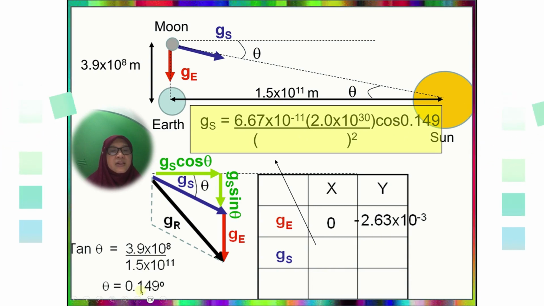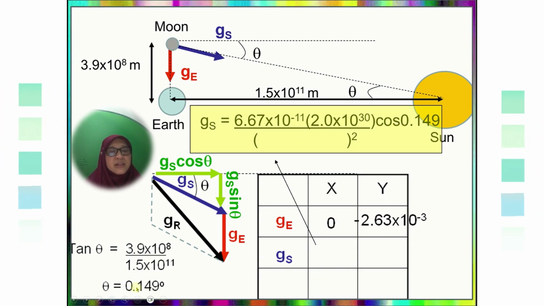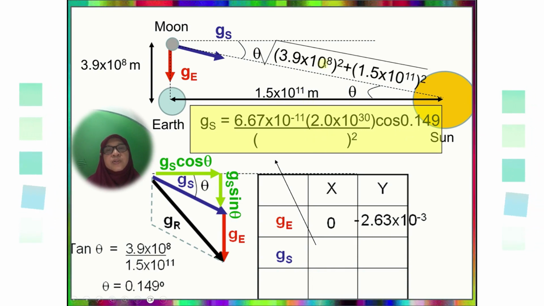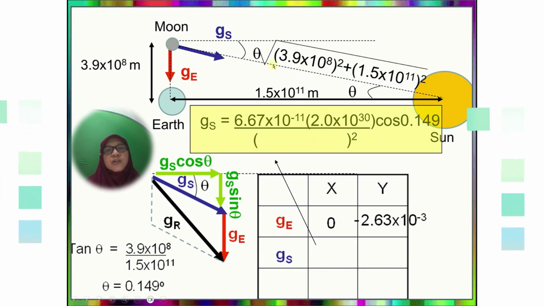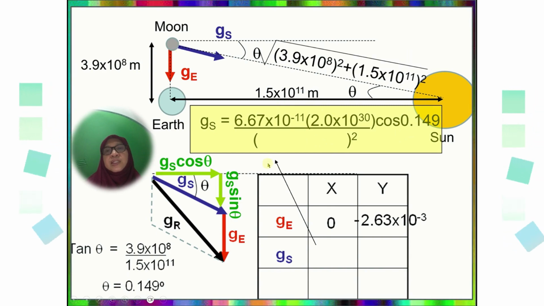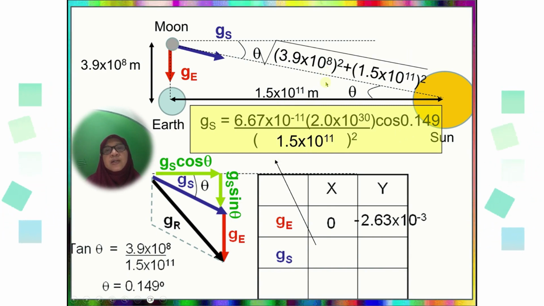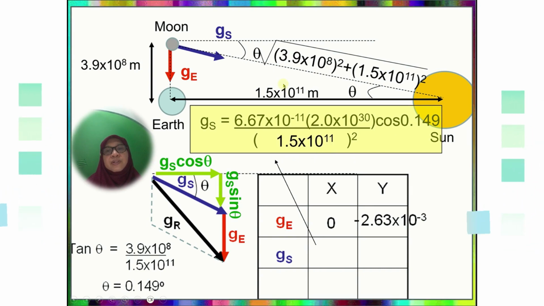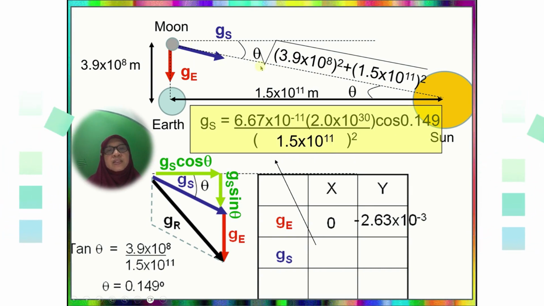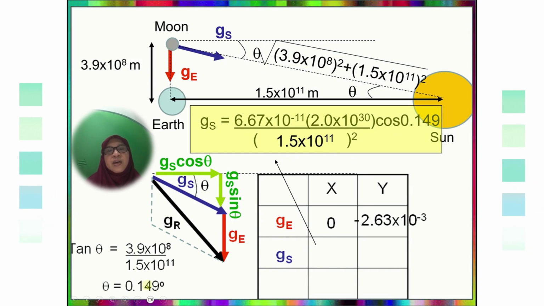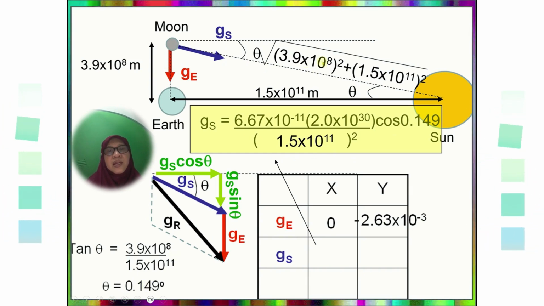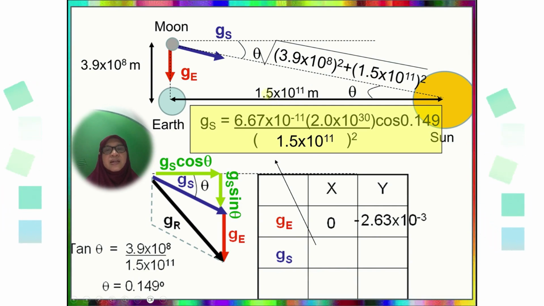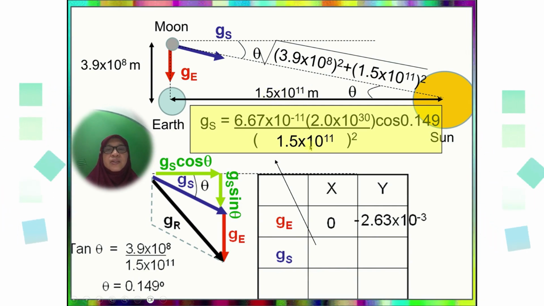Don't forget the cos theta, which we calculated just now as 0.149. For the distance from the moon to the sun, we use Pythagoras theorem. So we get 1.5 times 10 to the power of 11. Why? Because this is very far, so the angle is very small, and even if we use Pythagoras theorem, we still get the same 1.5 times 10 to the power of 11.